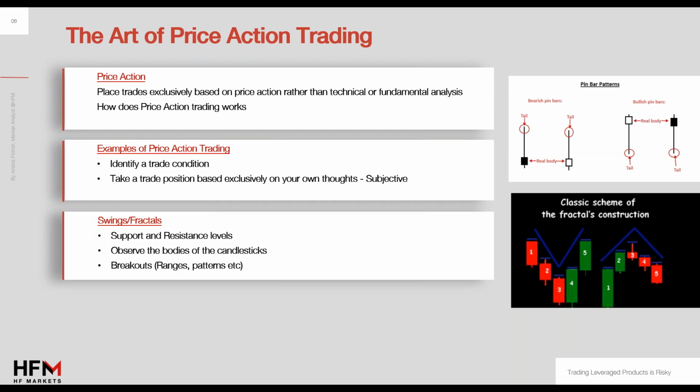Price action trading is very common, and not solely among retail traders such as you guys, but also institutional traders, because institutional traders tend to focus mainly on the long-term picture rather than the intraday picture.